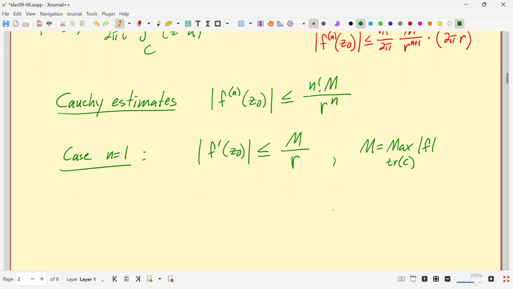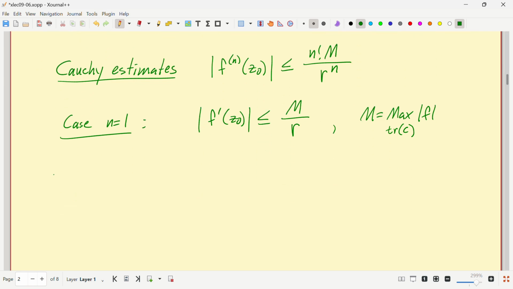Okay, and that leads immediately to the famous theorem by Liouville. A bounded entire function must be constant.